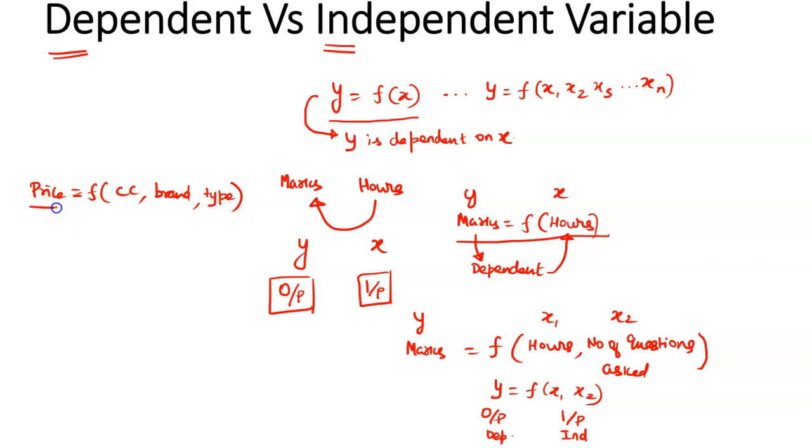So the price of an automobile is dependent on the volume of the vehicle, the brand and the type of the vehicle. In this case, this is my dependent variable. All these are independent variables, right? I can also say that this is output and this is my input. Clear?